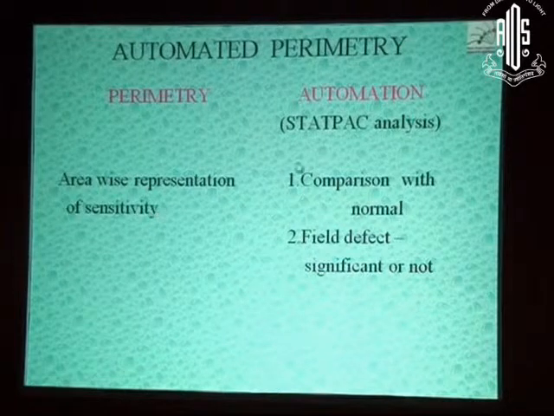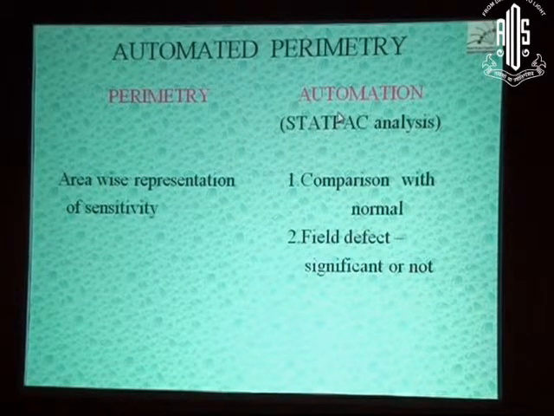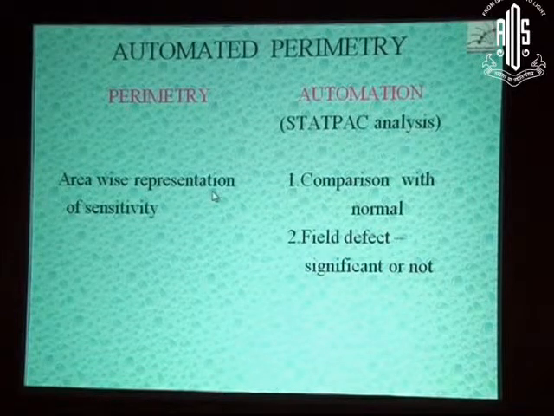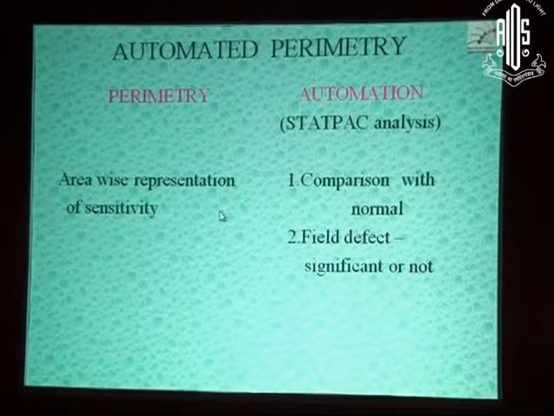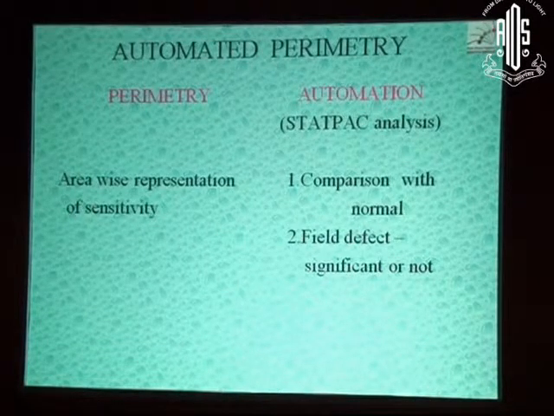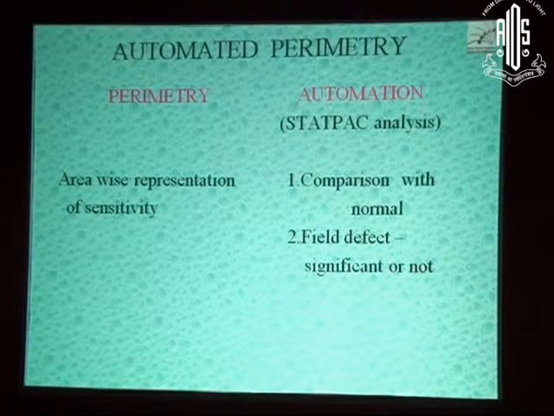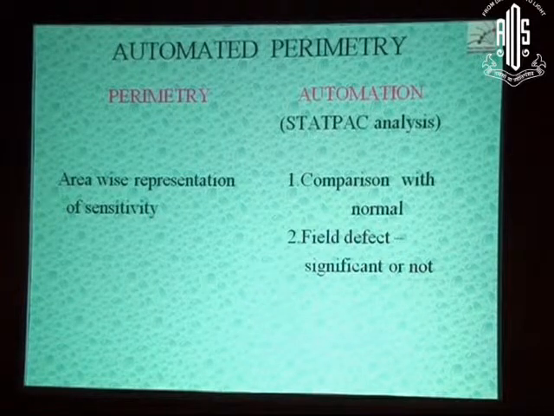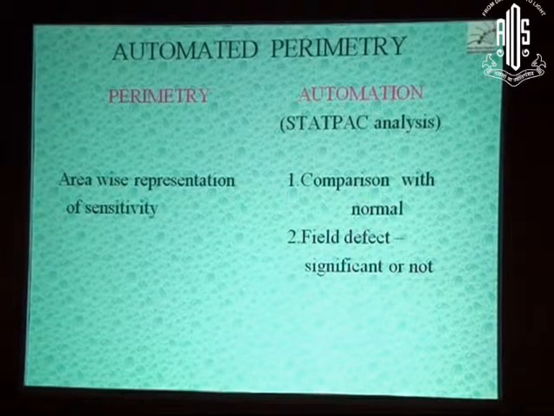But with automation, with the help of the machine, by the StatPac analysis we want to find out whether this measured sensitivity is out of the normal range or within the normal range. How is it done? It is done by StatPac analysis, by comparison with the normal. And it finds out whether that defect is significant or not.